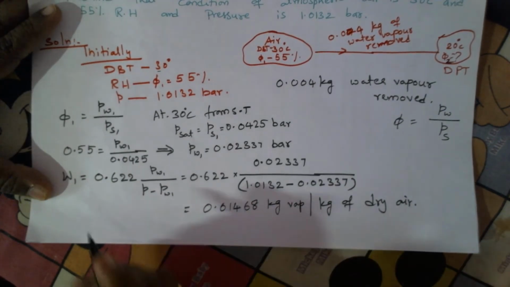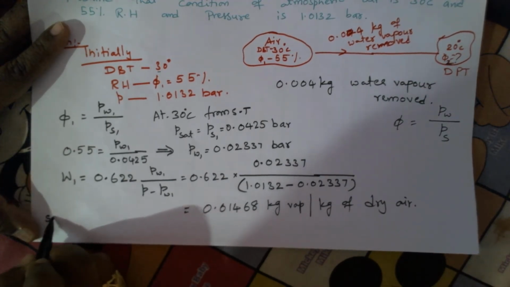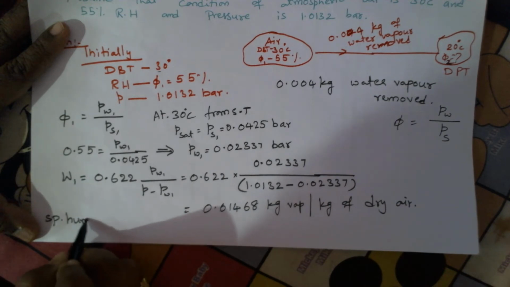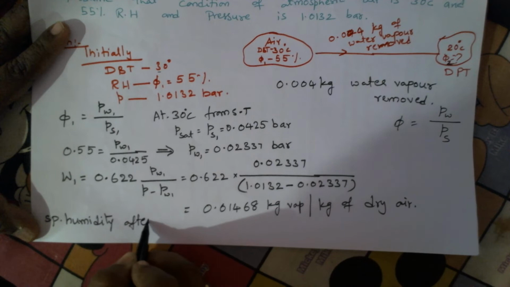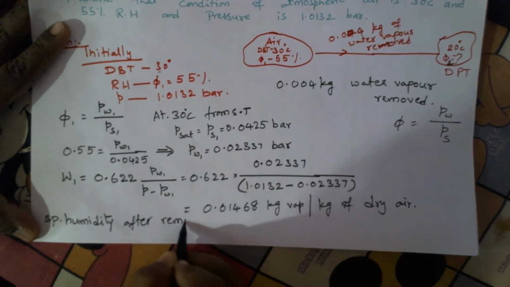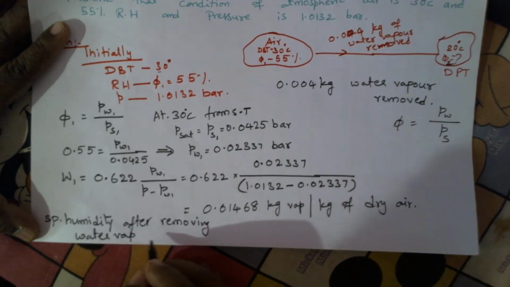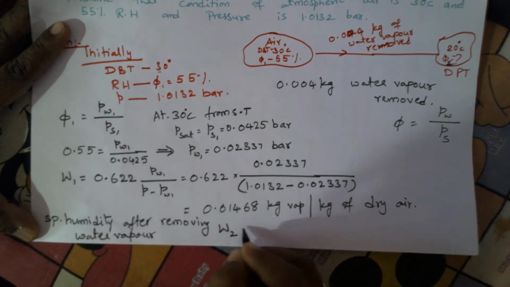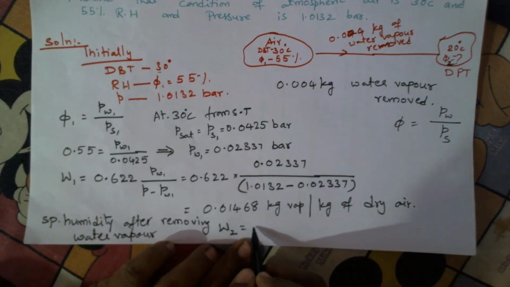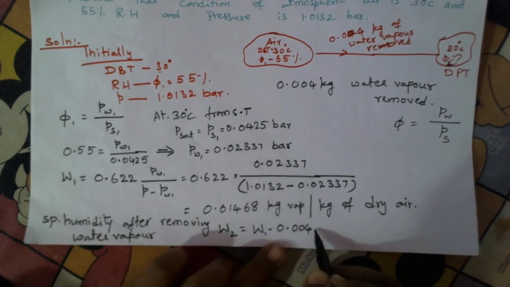Now W2, or the specific humidity after removing water vapor, is equal to W1 minus 0.004, which is removed, right?